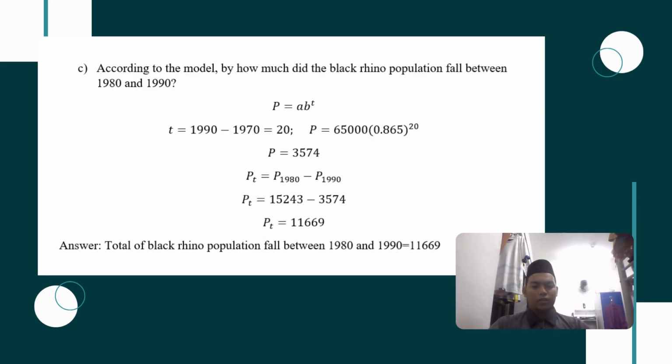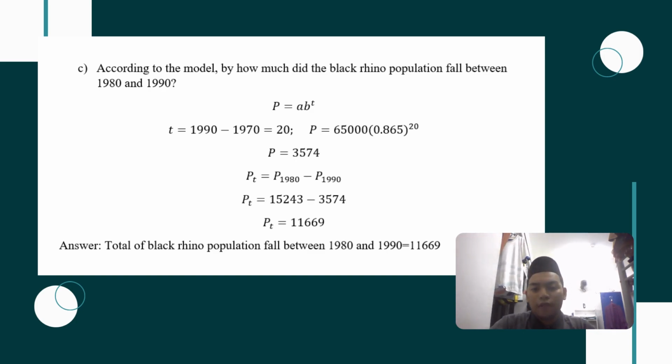Now, let's solve question C. Question C states: according to the model, by how much did the black rhino population fall between 1980 and 1990? To find the population fall, we first need to find the population of black rhinos in the year 1990. Just insert the values of A and B and the value of T, where T is the difference in years from 1990 to 1970.